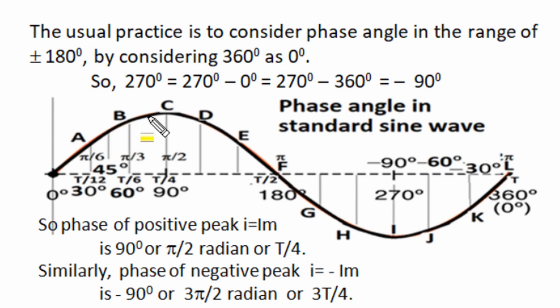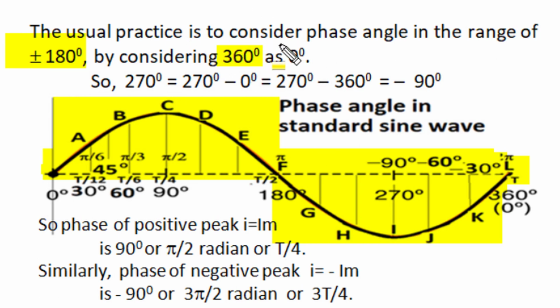The usual practice of considering phase angle for the positive half cycle is from 0 degree to 180 degree, and for the negative half cycle it is considered as 0 degree to minus 180 degree. So the entire cycle is considered between 0 to plus minus 180 degree, and for this we consider 360 degree angular measurement as equivalent to 0 degree.